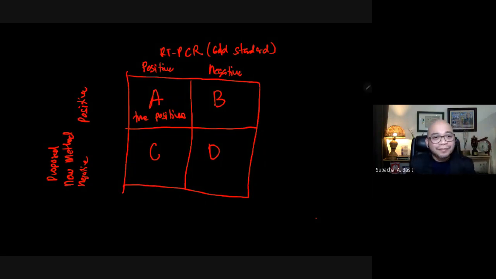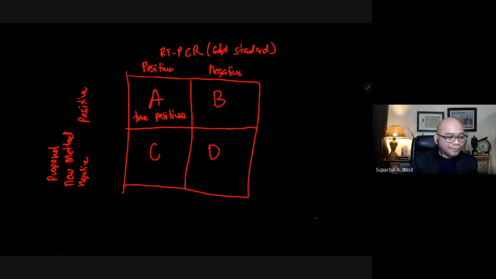Meaning to say, these people have COVID-19 and they are tested positive in RT-PCR and they are also tested positive in the new method that you are proposing. Remember, if you are proposing a new method, you have to compare it with the gold standard. And in this scenario, let's say that the gold standard is RT-PCR.